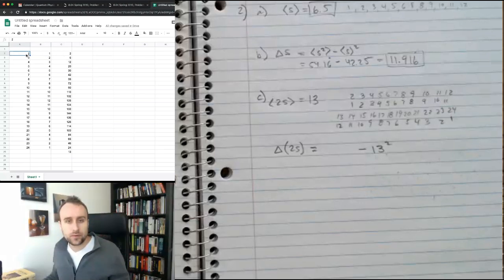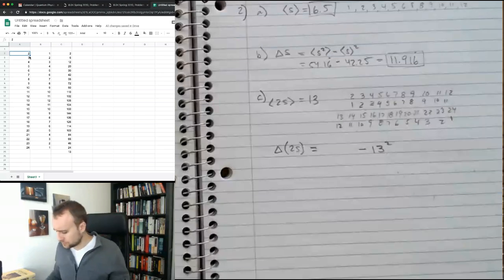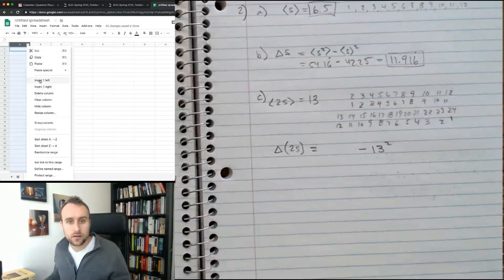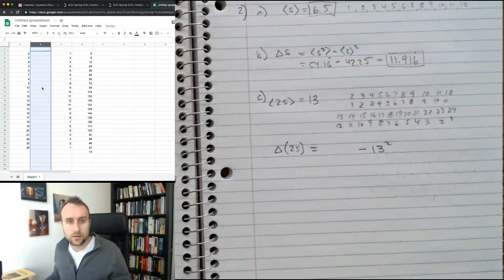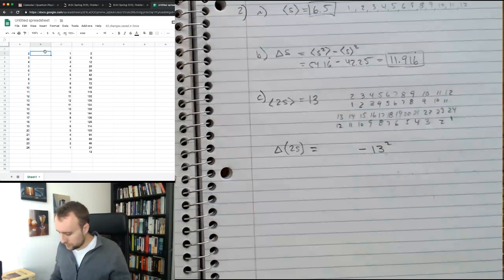So we want to multiply each of these by 2. Add a new column.